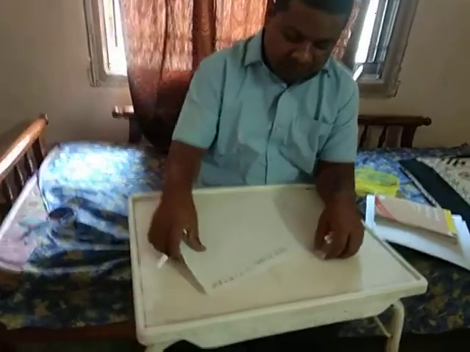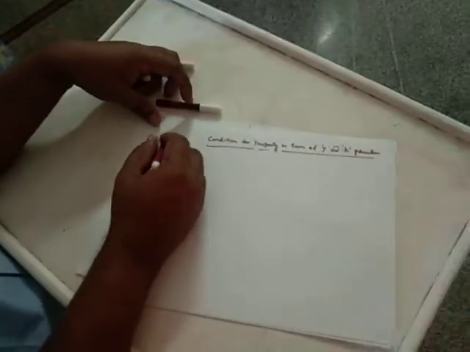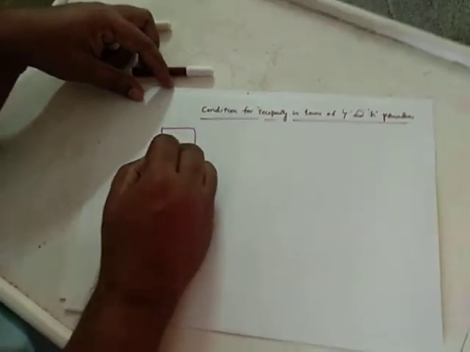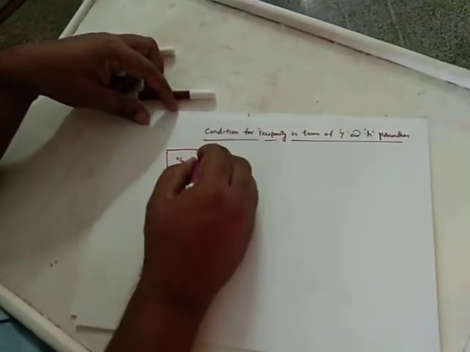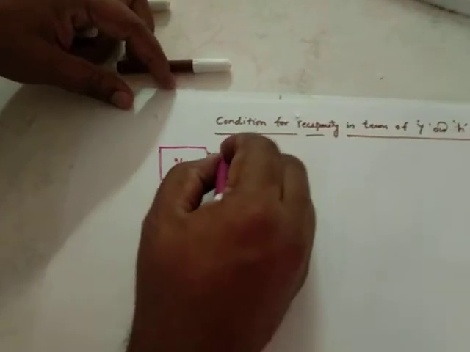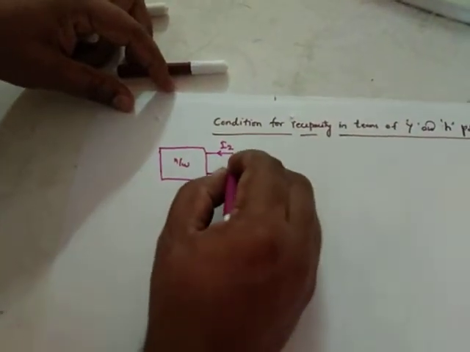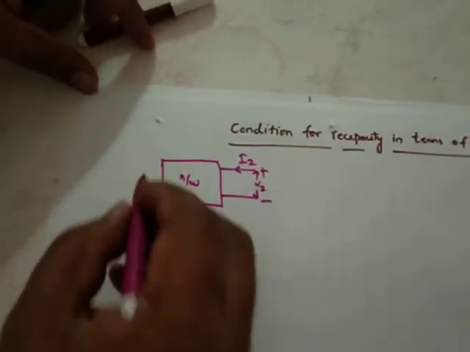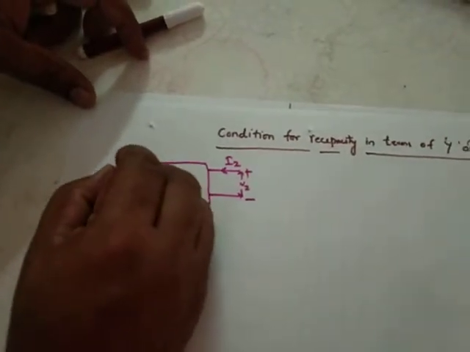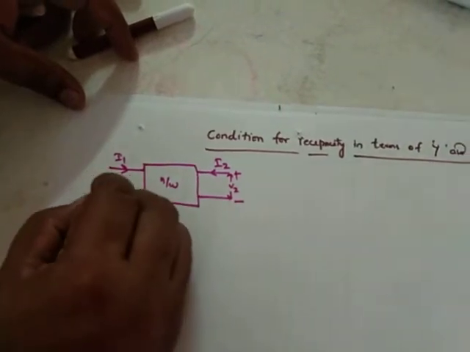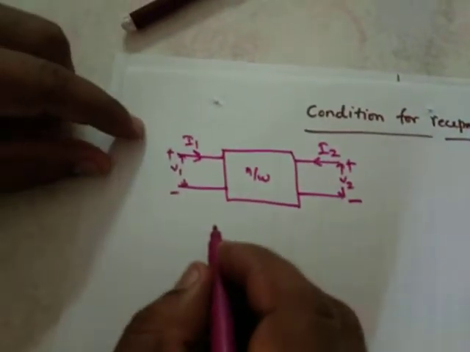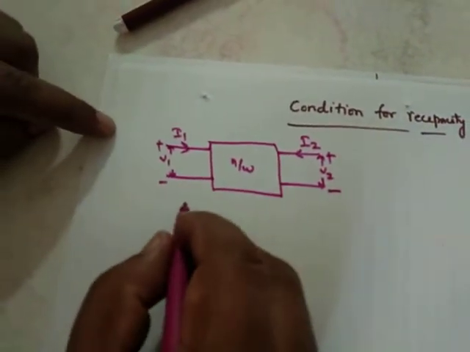Right? Consider first the y parameters. It is some two-port network, with V1 and I1 at port 1 and I2 at port 2. Now you know the basic equations for y parameters.